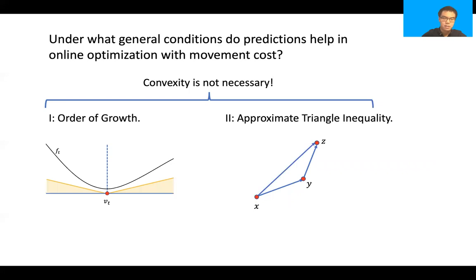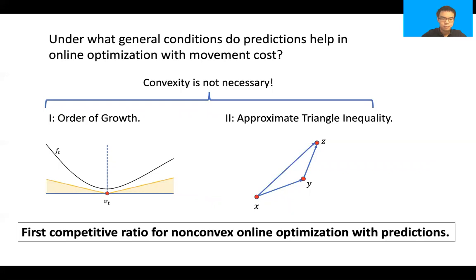The first one is order of growth, and the second is approximate triangle inequality. These two conditions are sufficient, and they suggest that convexity is not a necessary condition for leveraging the prediction window efficiently. Further, our algorithm SFHC gives the first competitive ratio result for non-convex online optimization with predictions.